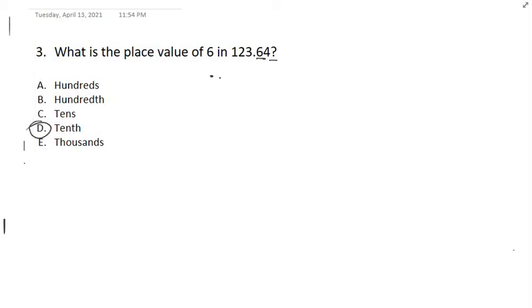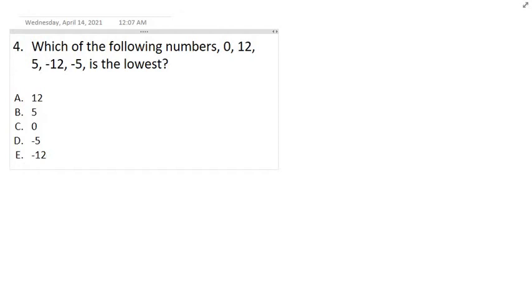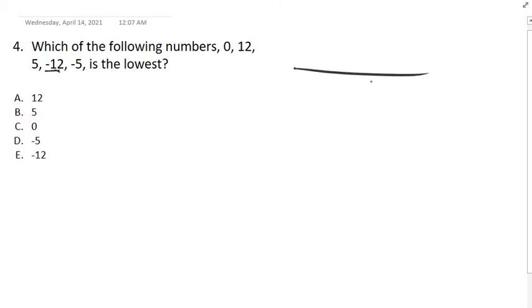Question 4. Which of the following numbers 0, 12, 5, minus 12, minus 5 is the lowest? Okay, now the lowest here is minus 12. If you have your number line and you have 0, to the right you have the positive numbers 1, 2, 3.